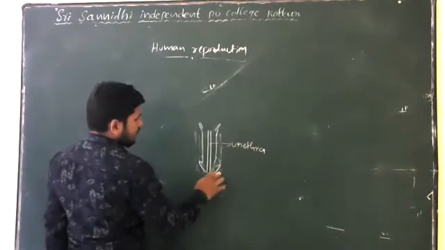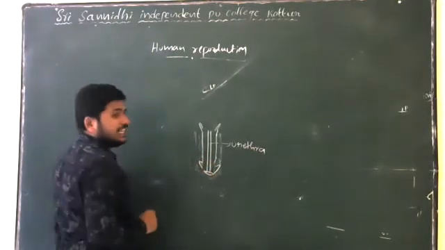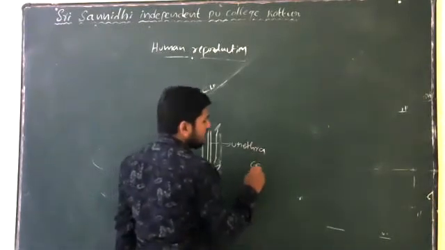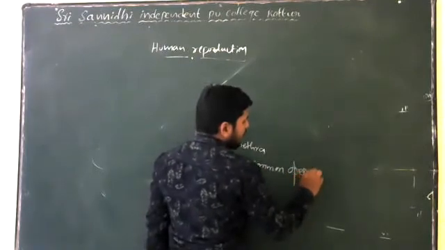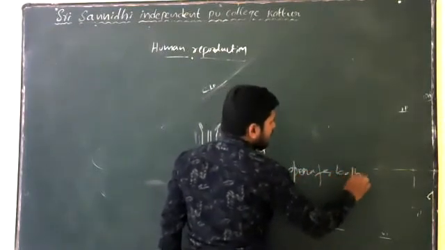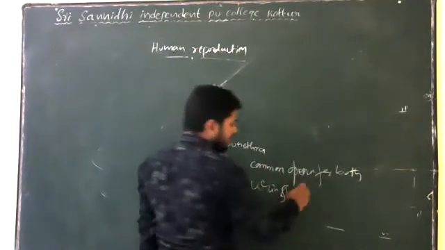So this urethra is a common opening for both urine and semen.